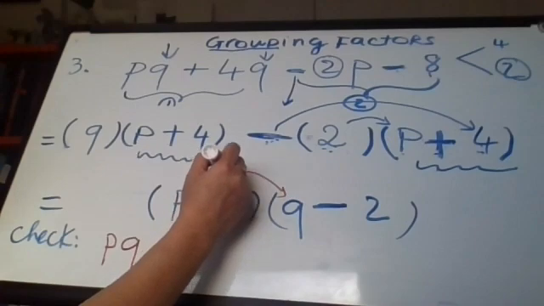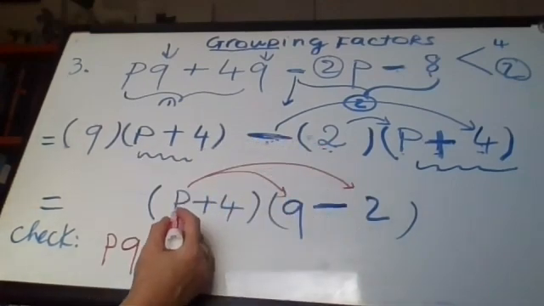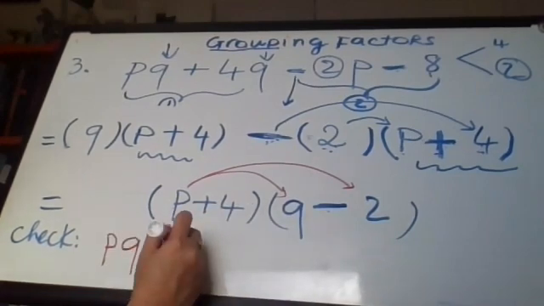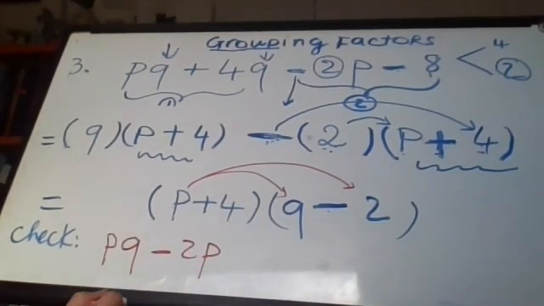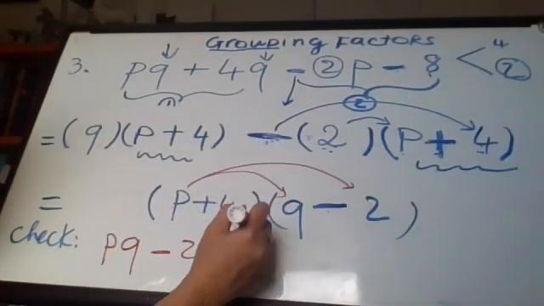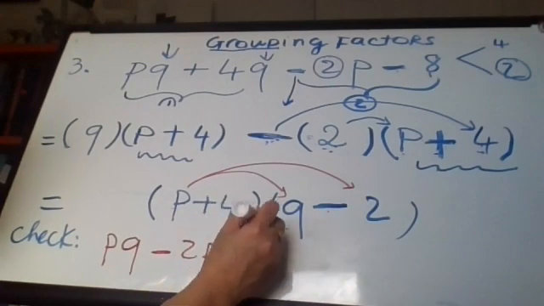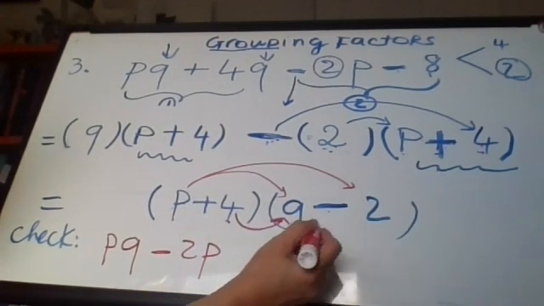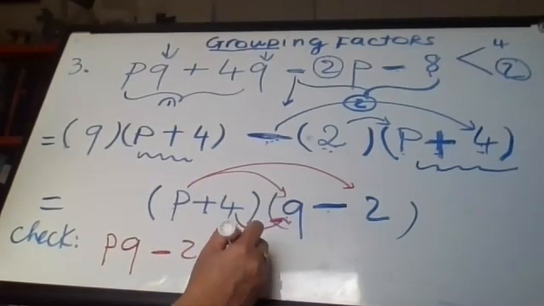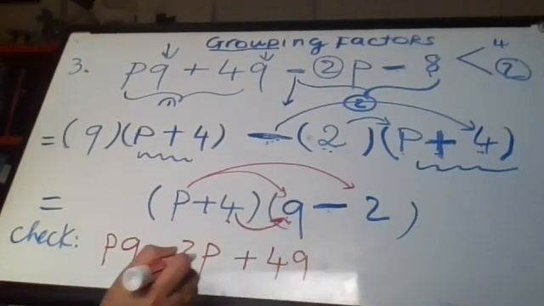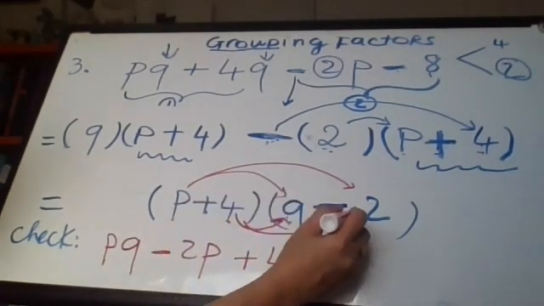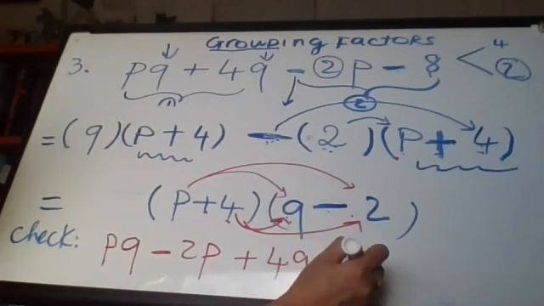PQ. Now distribute the next arrow, P times 2, positive times negative is negative, 2P. Now you're done with the first two arrows, you go to the next item, do the second arrow at the bottom, right? 4 times Q, positive times positive, positive, 4Q, put them together. 4 times minus 2, positive 4 times minus 2, minus 8.